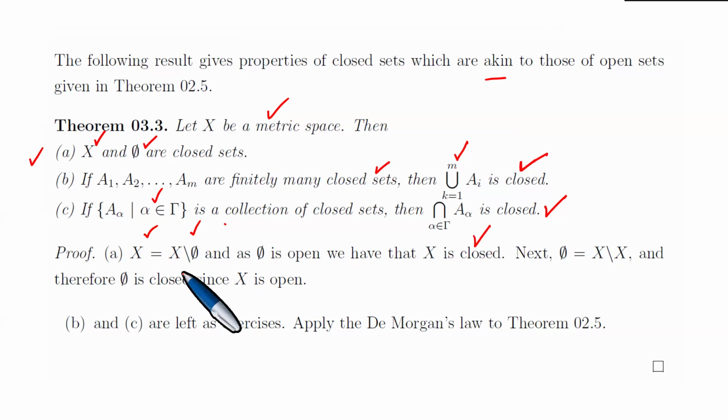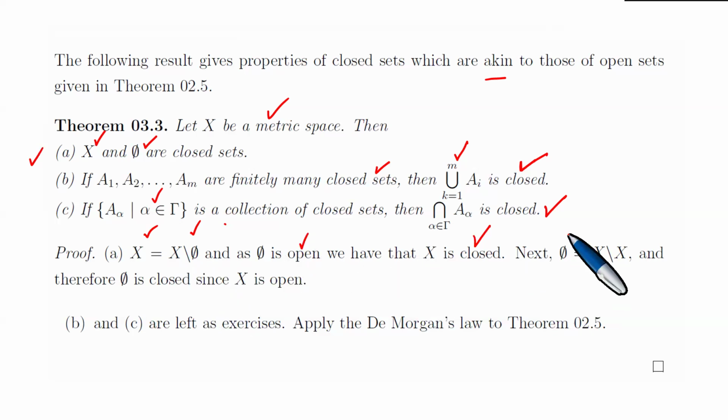A set is closed if its complement is open. So X is closed if its complement, the empty set, is indeed open.